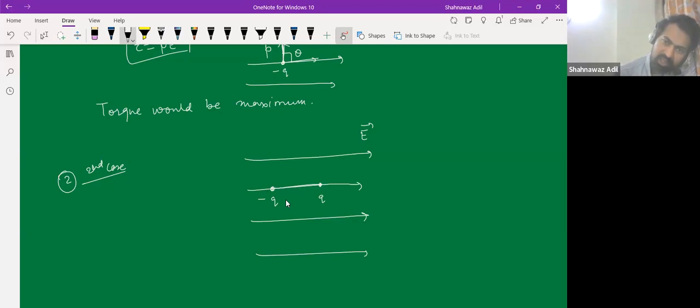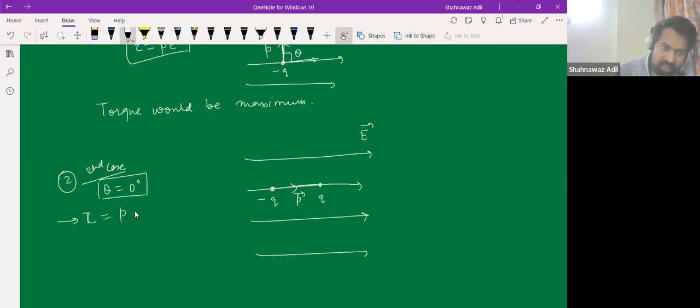So this is P, right? This is E. So they are in the same direction. So theta is 0 degree.